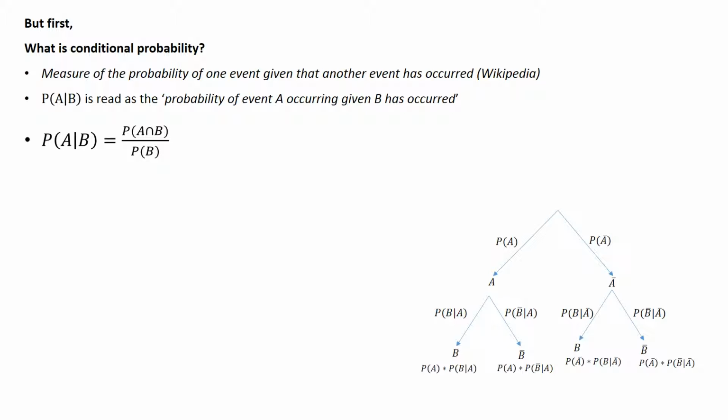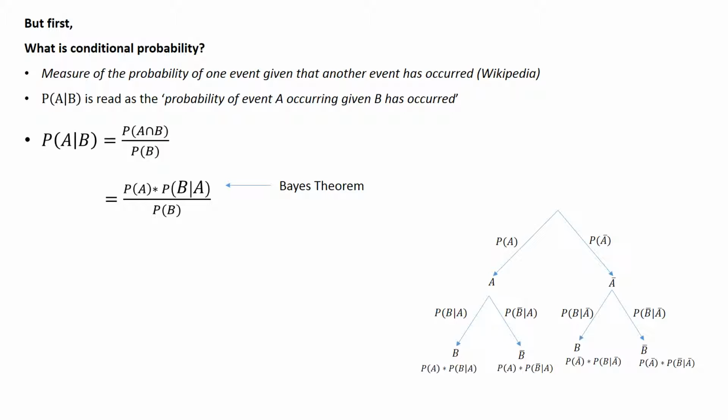Probability of A given B is probability of A intersection B divided by probability of B, which can be written using Bayes' theorem as probability of A multiplied with probability of B given A, divided by probability of B. By using the law of total probability, probability of B can be written with the help of the tree diagram as shown here.